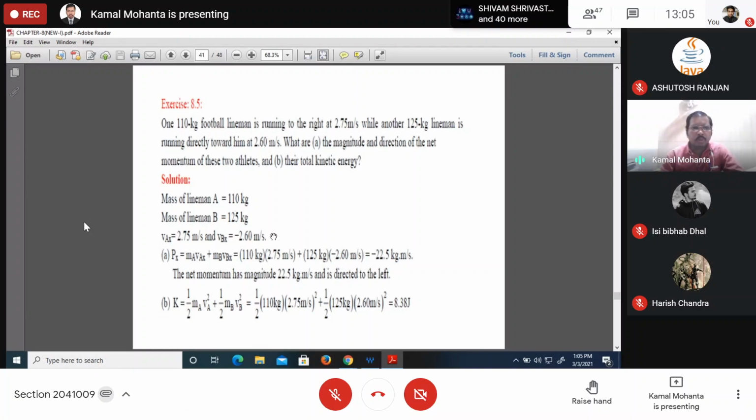Now you know the formula, momentum P is equal to mv, but here relating to two bodies, so two masses, two velocities. So you can use Px is equal to ma Vax plus mb Vbx, then you put the value, so you will get the momentum. So do it.